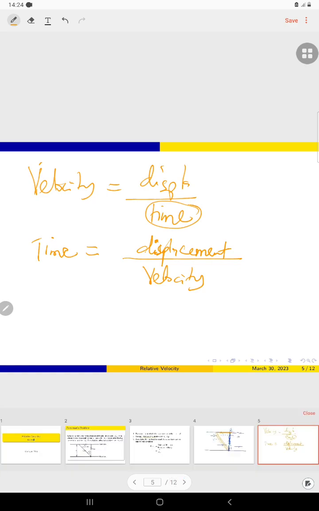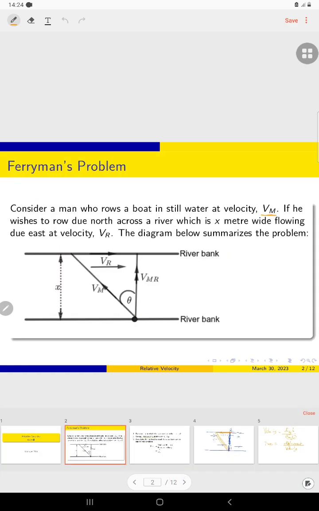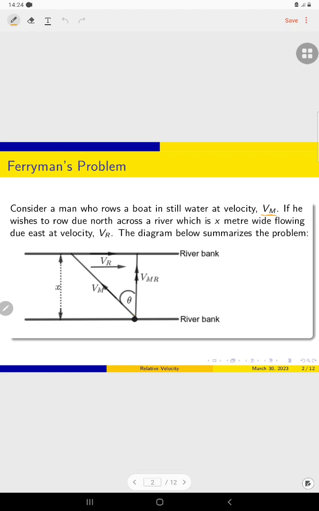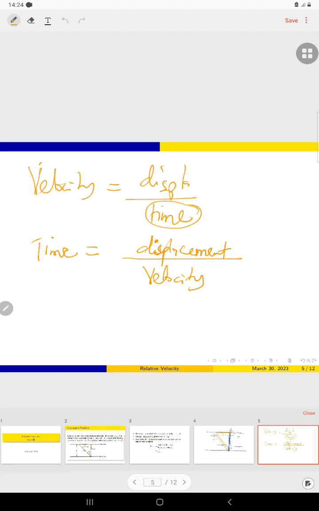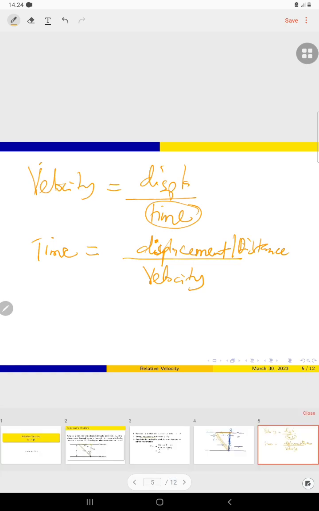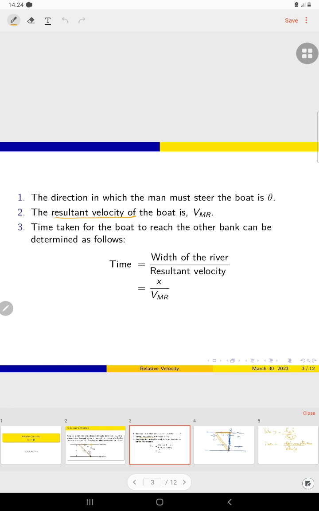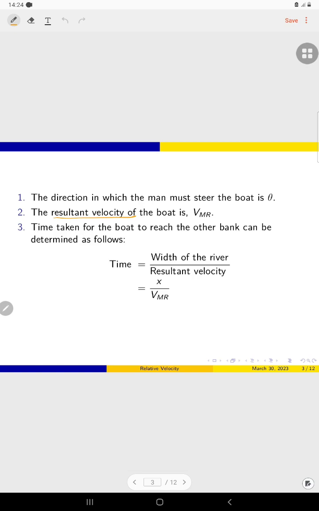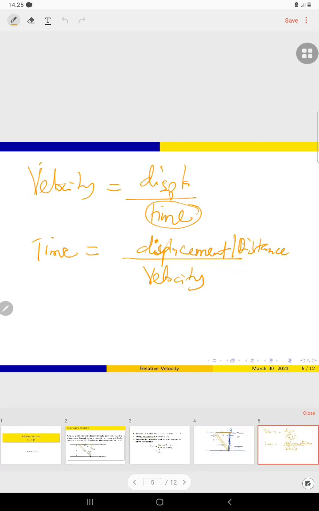So the time for this man to move from here to here is the distance over the resultant velocity. Here the distance is the width of the river, over the resultant velocity, just like what I have done here.